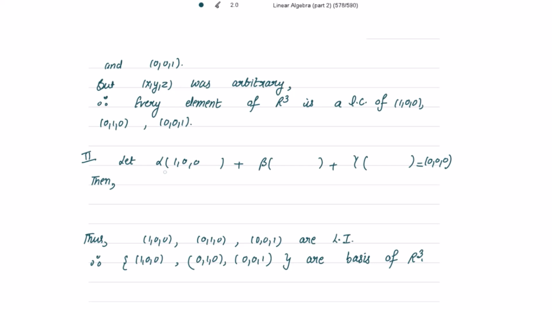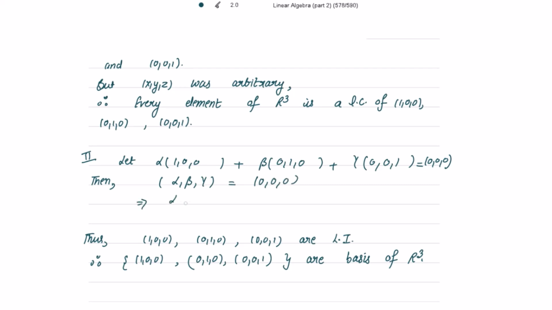Okay, alpha times (1, 0, 0) plus beta times (0, 1, 0) plus gamma times (0, 0, 1). I have set this linear combination equal to (0, 0, 0), the identity. Multiplying, I get (alpha, 0, 0) plus (0, beta, 0) plus (0, 0, gamma). Finally, after adding, (alpha, beta, gamma) equals (0, 0, 0).